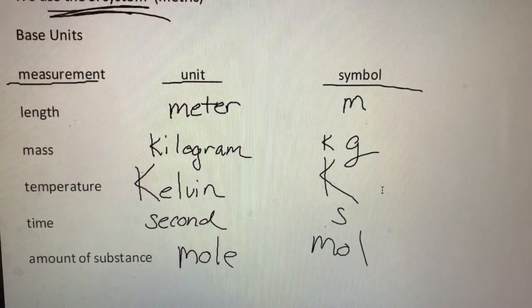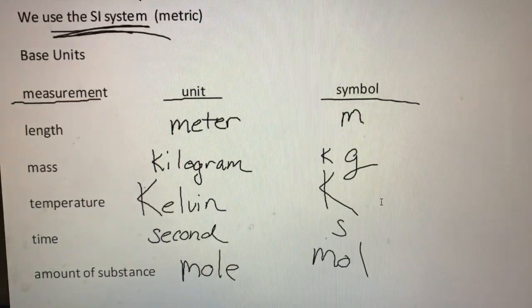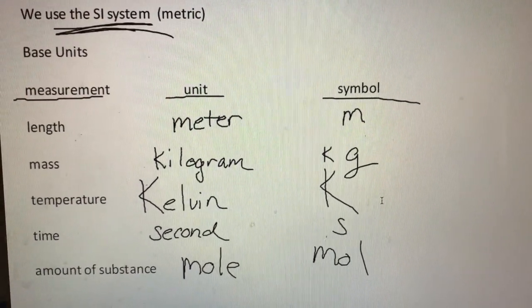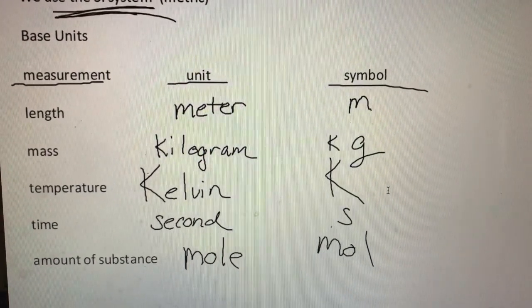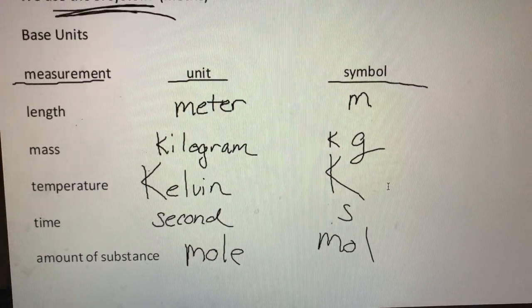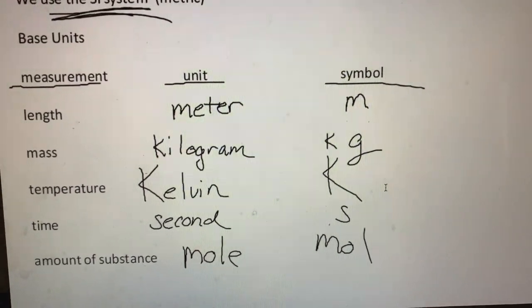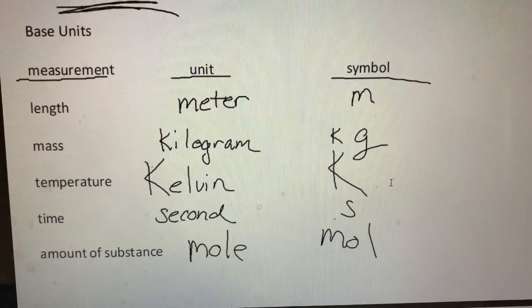The base units, all right, are as follows, and you want to fill these out in your packet. For length, our base unit is a meter, and the symbol is a lowercase m. For mass, technically the base unit is a kilogram, all right, and the symbol for that is kg. So why is it a kilogram and not a gram? Just because a gram is such a small amount of mass, all right?